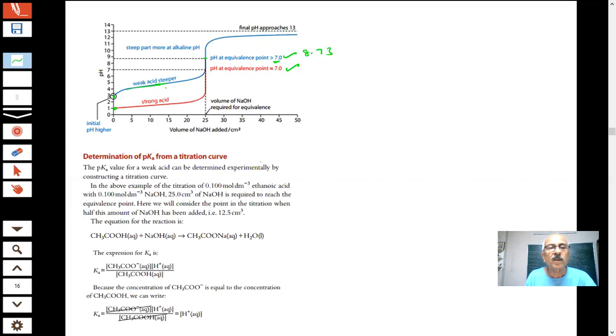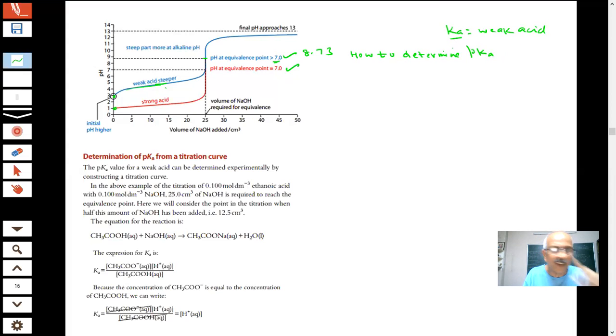Further important point: we can determine the value of pKa from the titration curve. This is important. How to determine pKa? What is pKa? If Ka is for a weak acid, for a weak acid we talk of Ka. We have defined it.